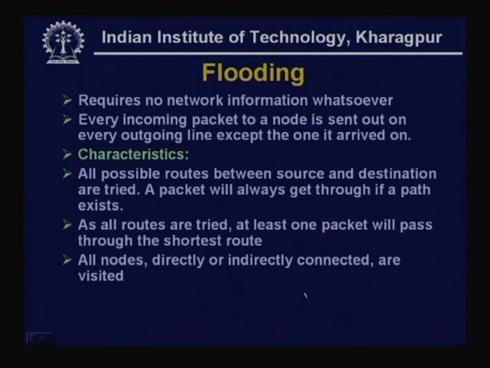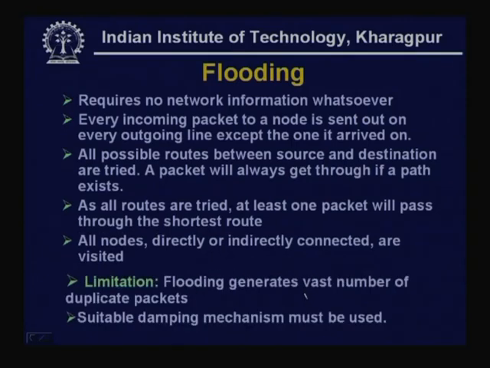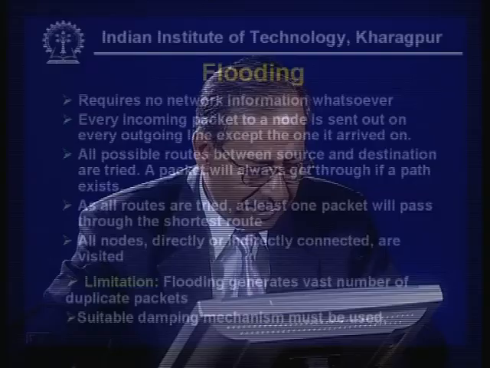However, it has several disadvantages. The limitations are that flooding generates a vast number of duplicate packets. As we have seen, to deliver a single packet, many copies are being made, and if it is not contained, the number of such duplicates will increase alarmingly, in an unbounded manner.